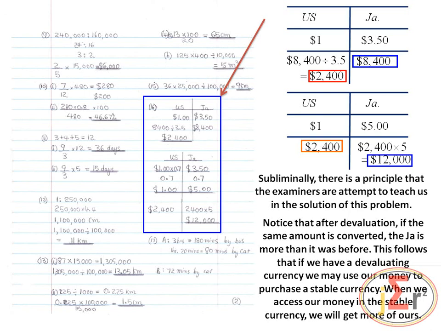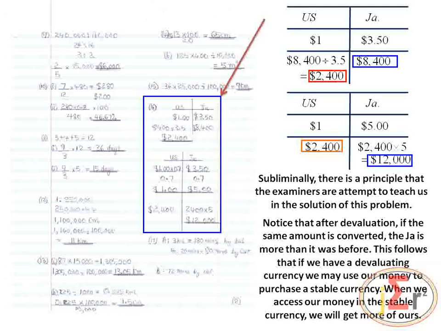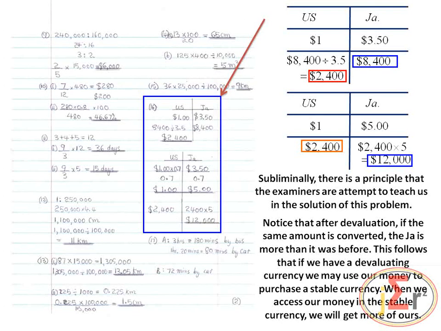This follows that if we have a devaluating currency, we may use our money to purchase a stable currency. When we access our money in the stable currency, we will get more of ours, providing that there's a devaluation. The figure will be larger.